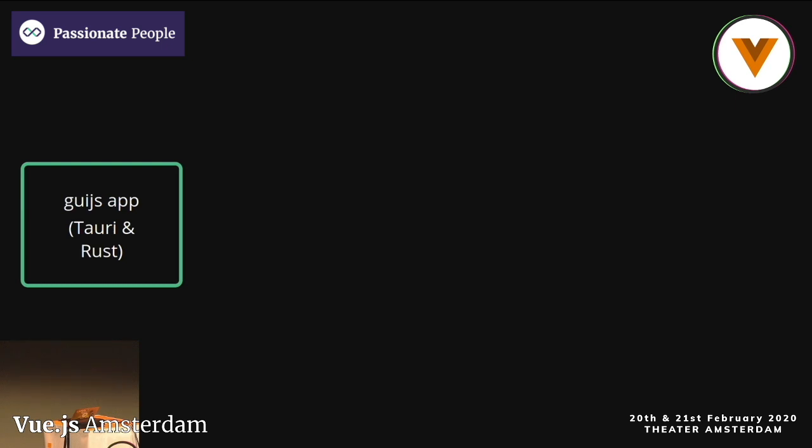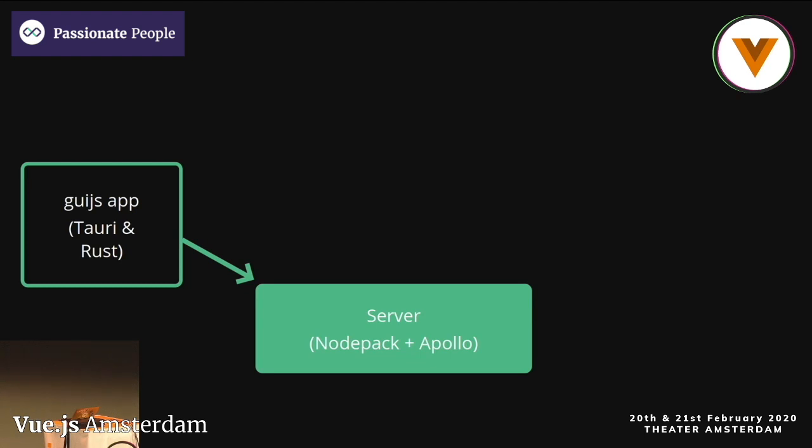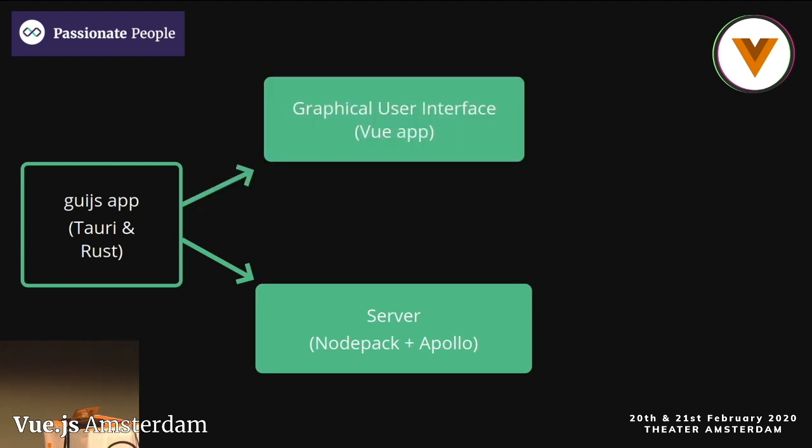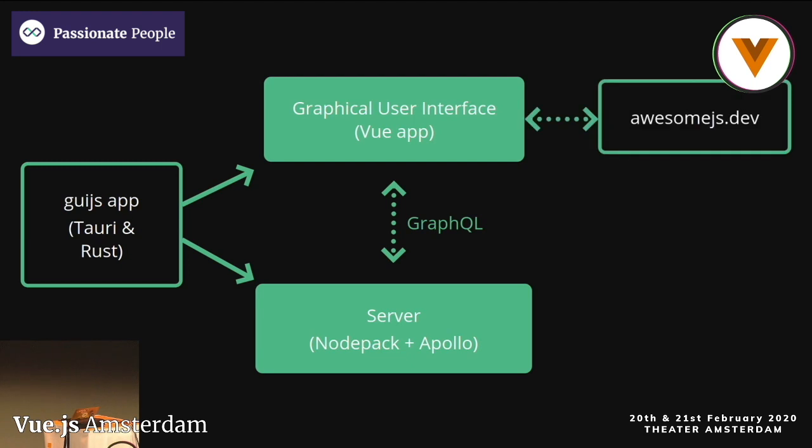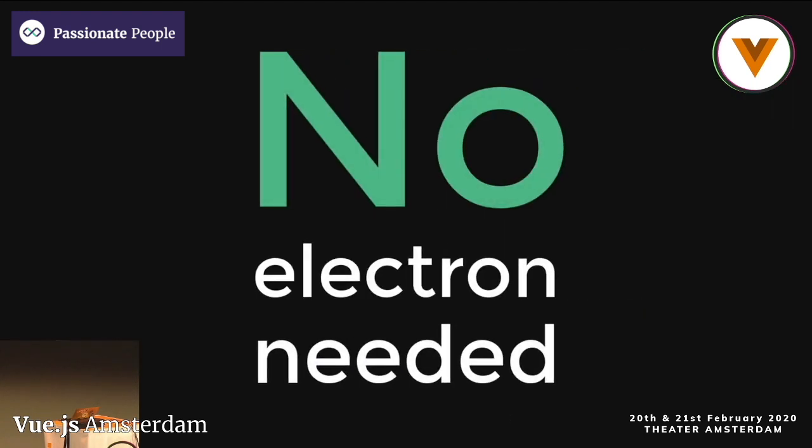That's why it weighs way less than an Electron app, and also uses only a few megabytes of RAM on your system. That's very nice, I think. It's still spawning a GraphQL server and web interface, so it can also be used by other external applications, for example, Nuxt. And then it interacts with Guya.js. And there is no Electron. Yeah!